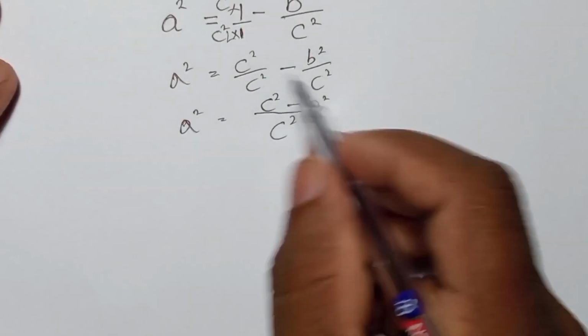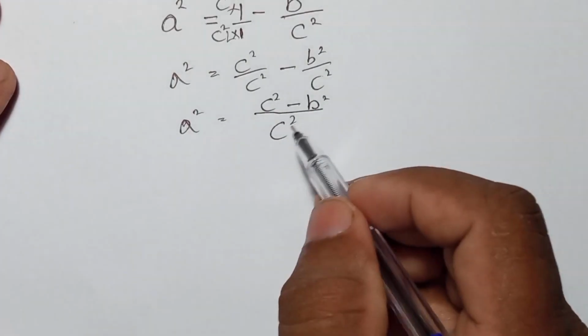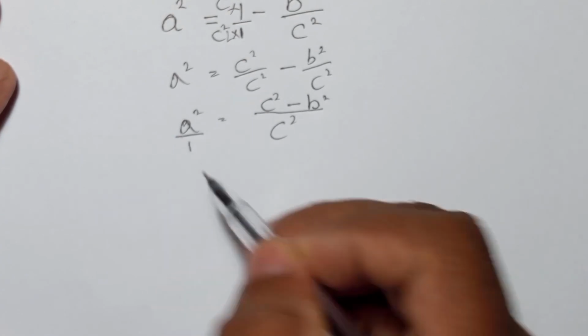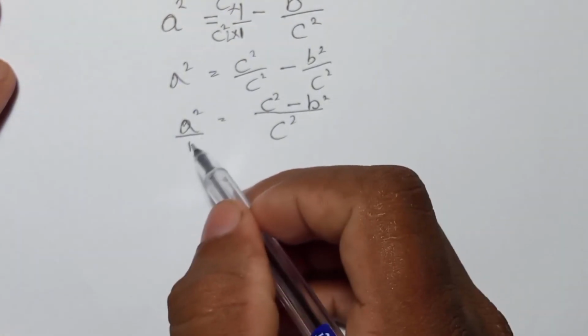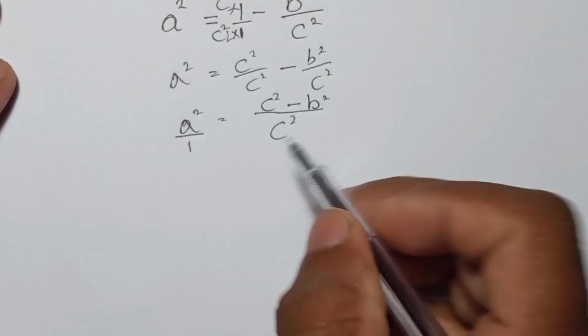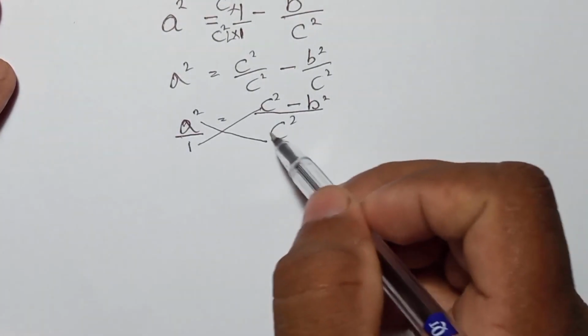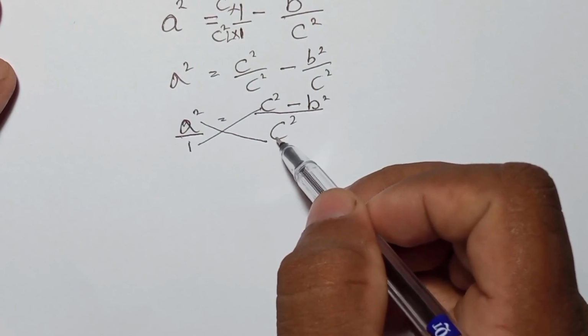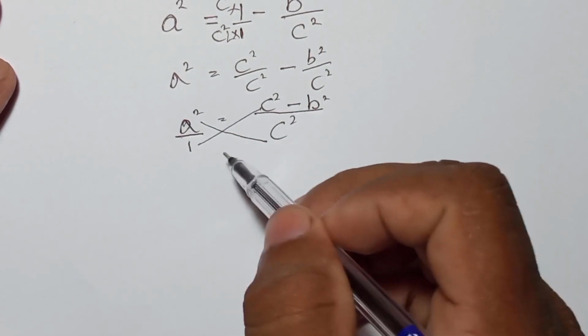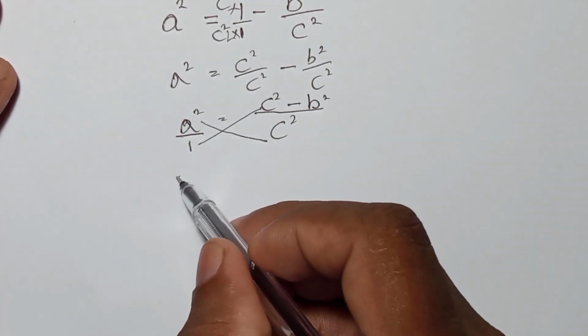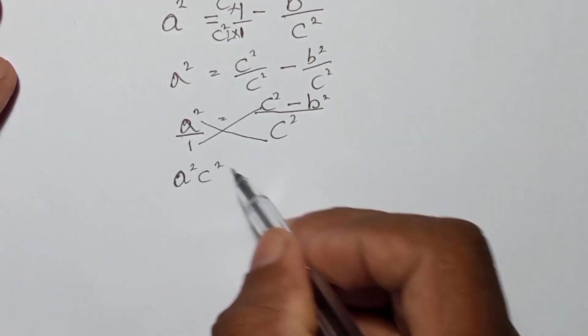Now we have a single fraction on the right side, and here also we can make a single fraction. If there is nothing written, the denominator is 1. So now we can apply cross multiplication, right? My target was to get the C term into the numerator, right? So C square into A square, it will be A square and C square, right?